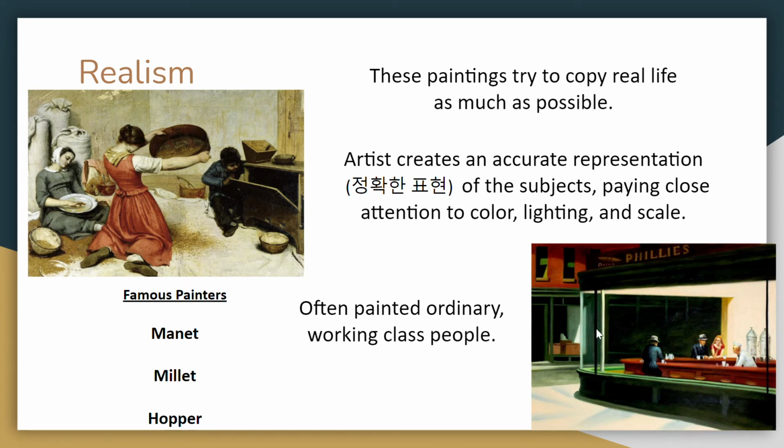They wanted to paint them in a very accurate way, make them look like photos. And some famous painters of realism are Manet, Millet, and Hopper. This one right here is Hopper, and I think this painting is Manet. So these are some famous realist artists.